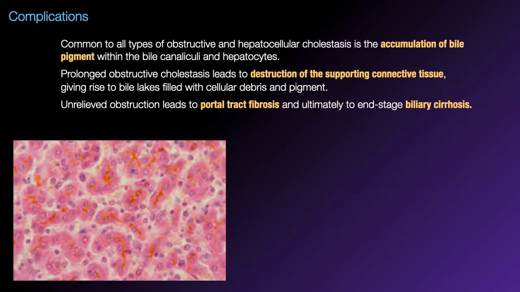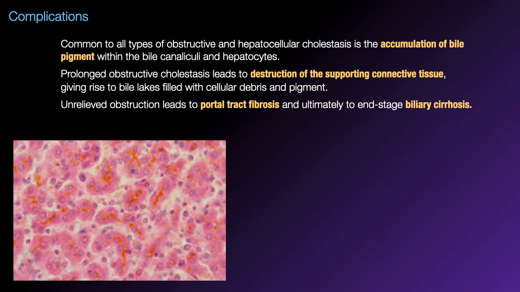Alright, this build-up of bile will be pretty obvious on histology of the liver. So if you do a biopsy, you'll see it, okay? But it's not necessary. You may detect it with a blood test. And in this case, it will look like these bile lakes or bile infarcts, which are pools of yellowish green bile that have made their way into the interstitial space.